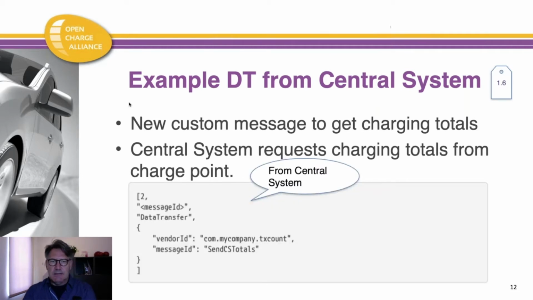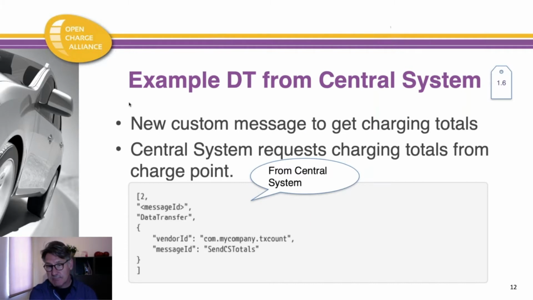So the central system then requests these charging totals from the charge point with a data transfer message. It says, okay, my customization is called com.mycompany.tx count, and the message ID is send CS totals. And I don't really need a data field because the message ID alone is enough for the charge point to know what to do.